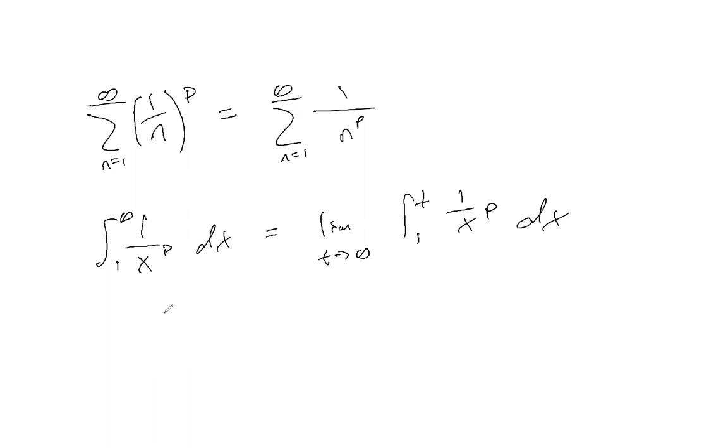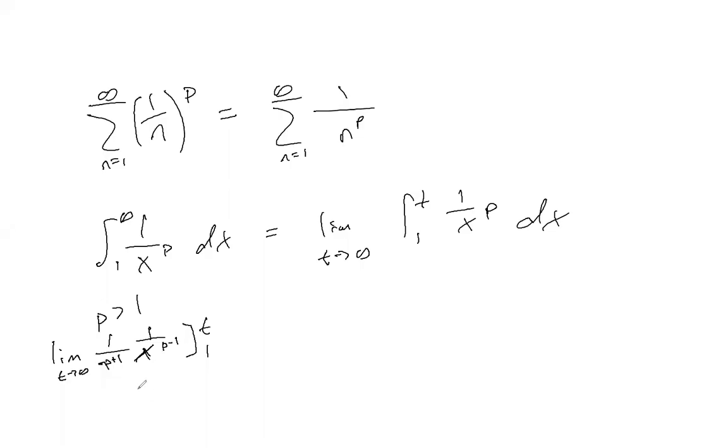Let's do two cases. Let's say p is greater than 1, okay? If p is greater than 1, then the antiderivative would be this. I would plug in bounds, and the answer will be 1 over x to the p minus 1.